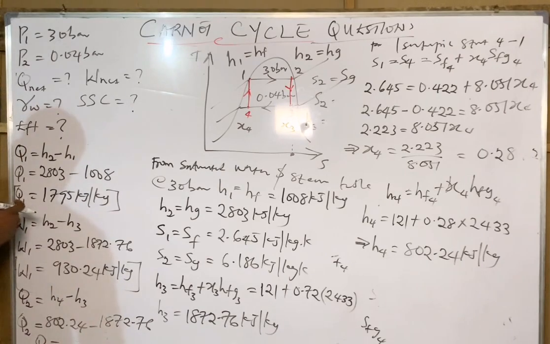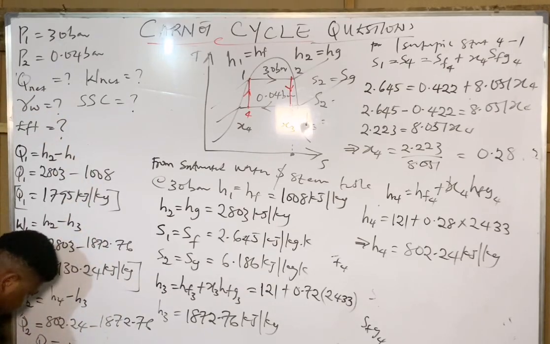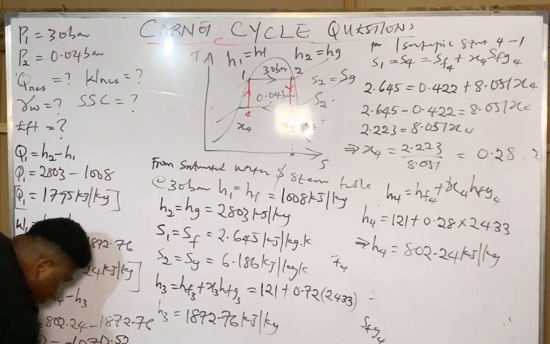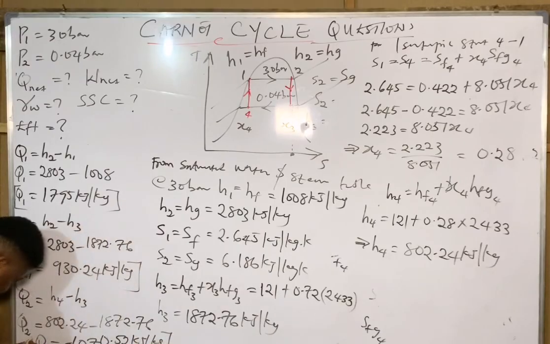So that gives us negative 1070.52 kilojoules per kilogram. So once again, heat removed from the system is negative, which is why you're having that negative value there.